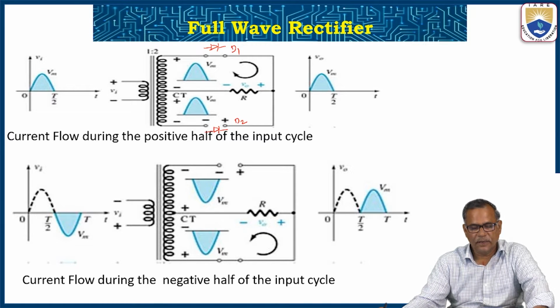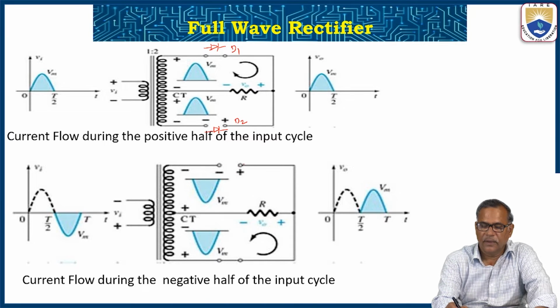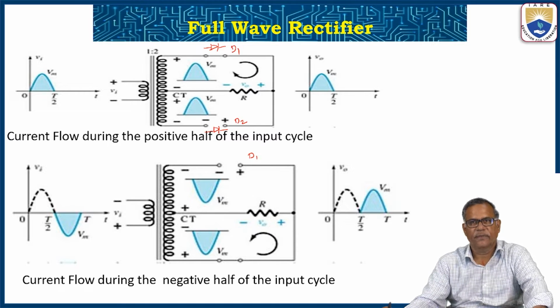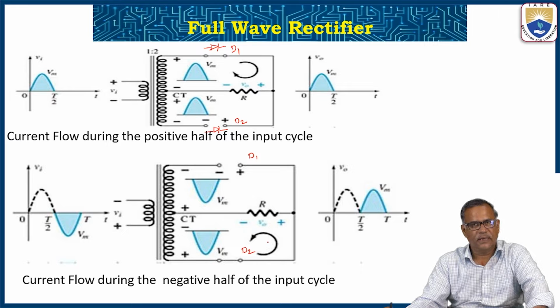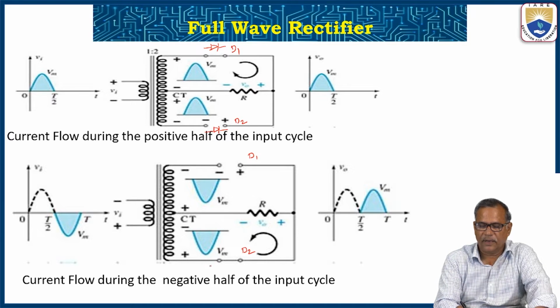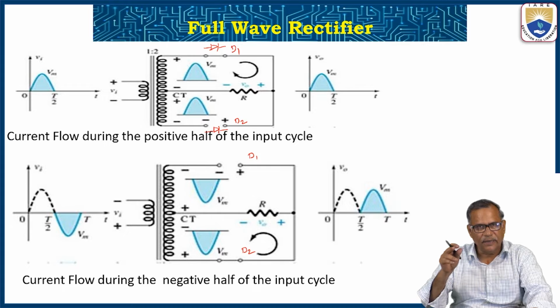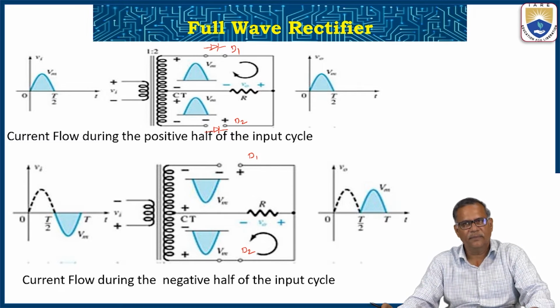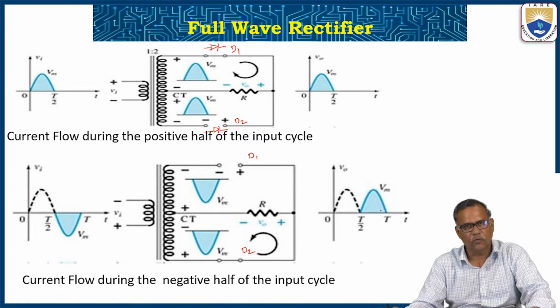During the negative half of the input cycle, D1 is reverse biased and acts like an open circuit. Similarly, D2 conducts because it is forward biased, so it acts like a closed switch, and the current flows in this direction. In both positive and negative half cycles, the direction of current through the load resistor is the same, so for the negative half cycle also we get output.